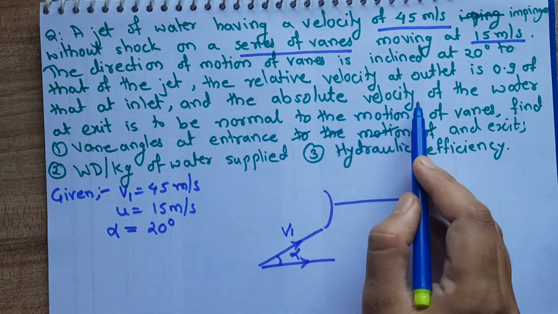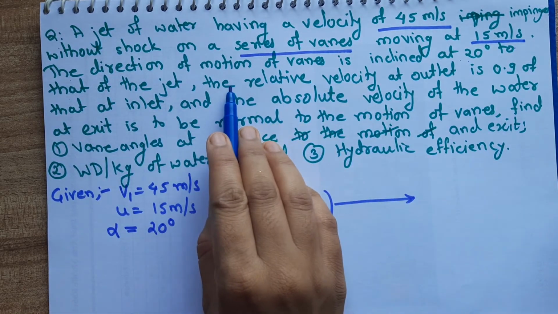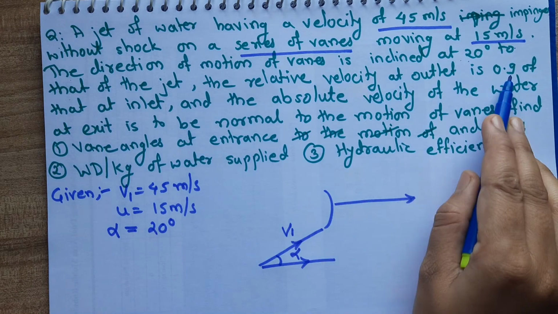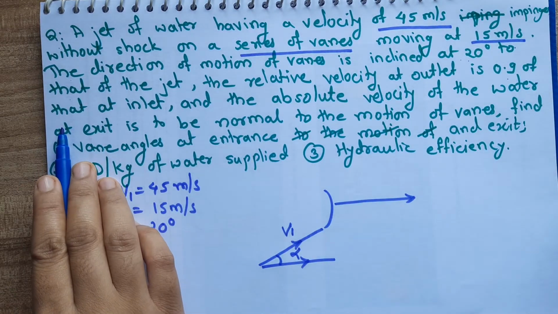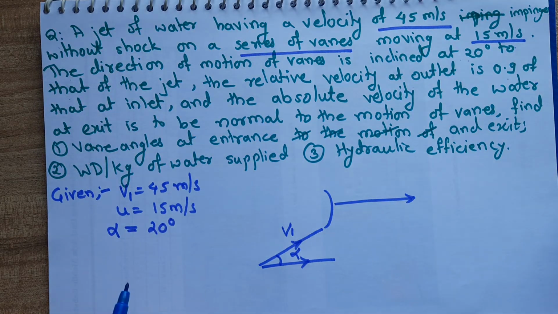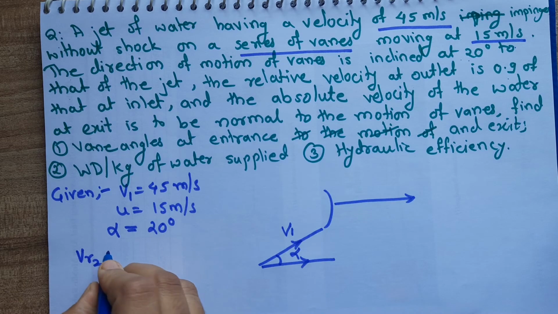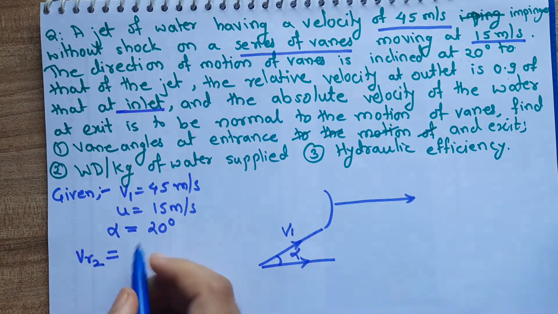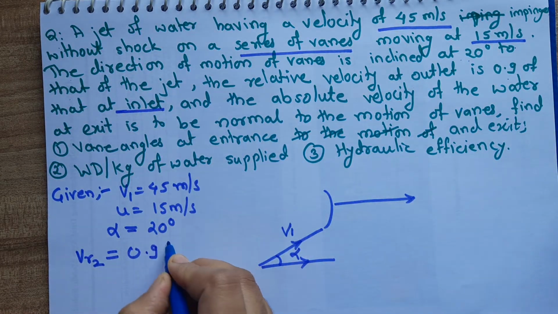And the relative velocity at outlet is 0.9 of that at inlet. So relative velocity at outlet is VR2 and its relation with the inlet is given as 0.9, that means with the VR1.